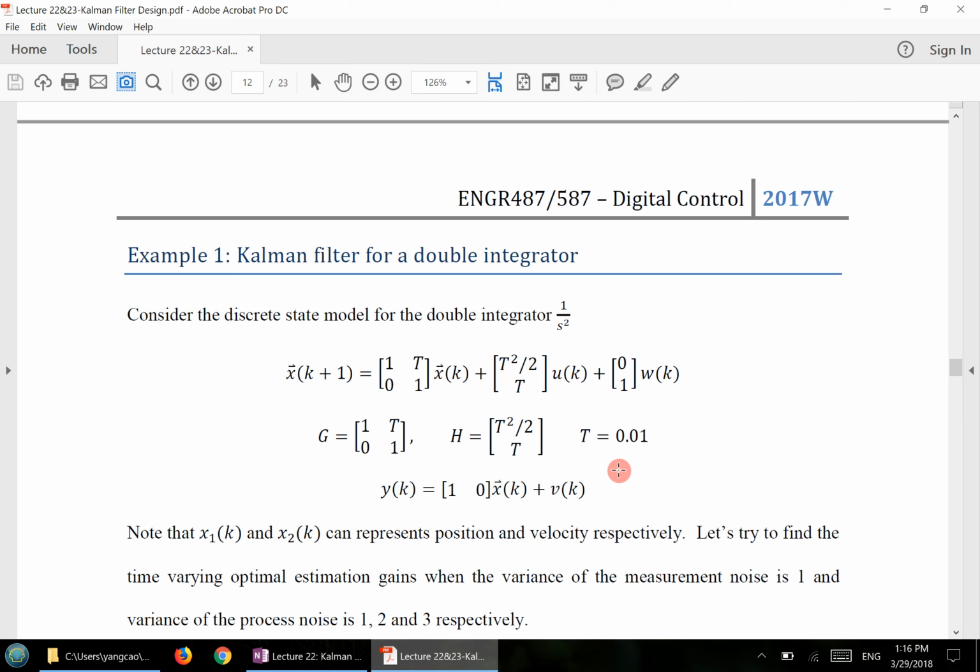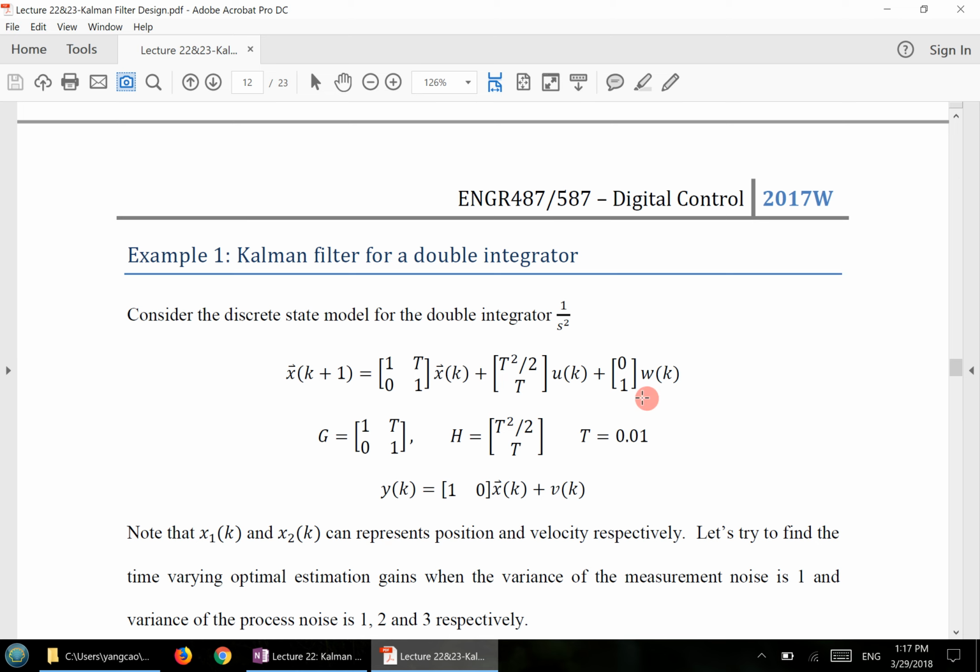Yeah, and we do have a process noise and also the sensor noise here. In this case, there's only one output, so the sensor noise is just a scalar quantity here. It's not a vector, right? Process noise, we have a vector here. That vector essentially is saying the first state has no noise, right?